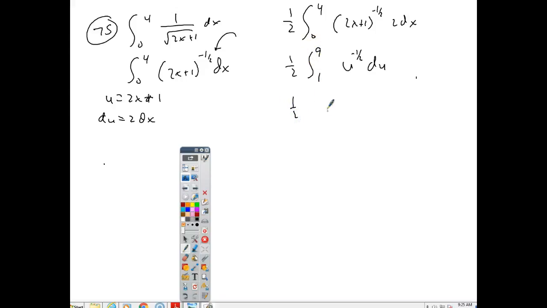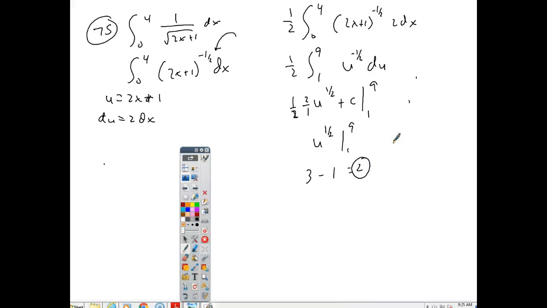1/2. u to the 1/2, divide by the power I get, plus C from 1 to 9. That goes away. So this becomes u to the 1/2 from 1 to 9, which is 3 minus 1, which is 2.